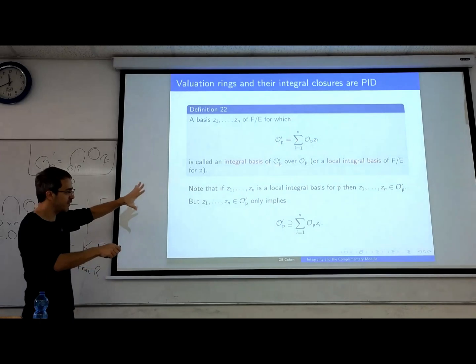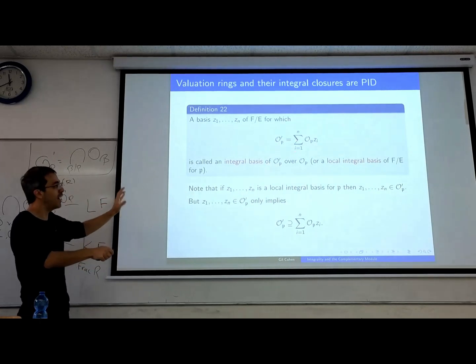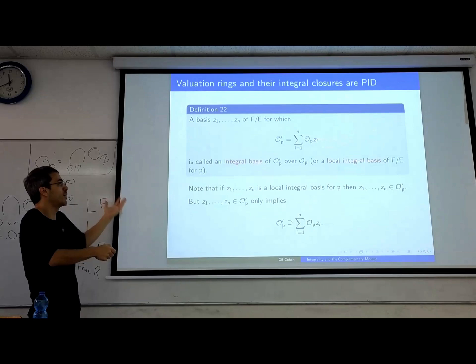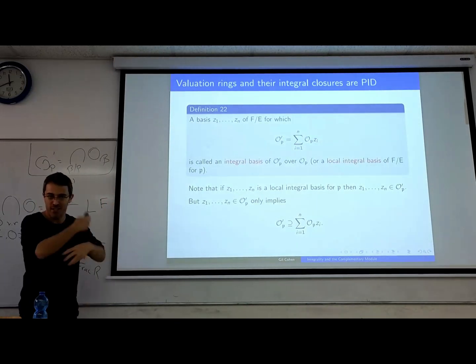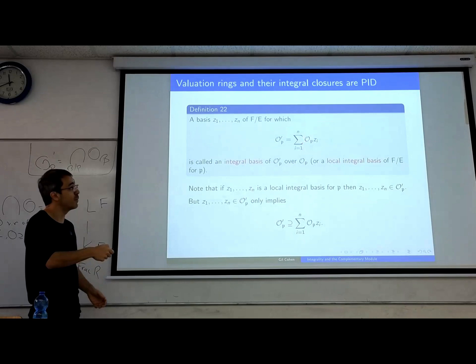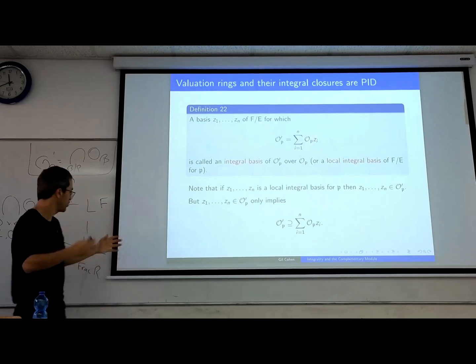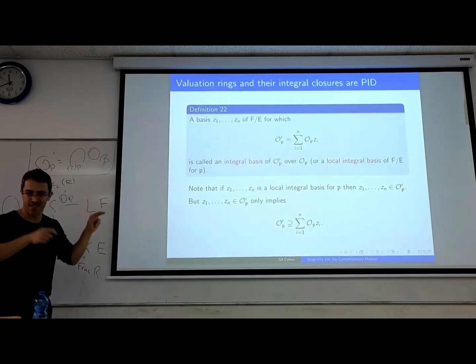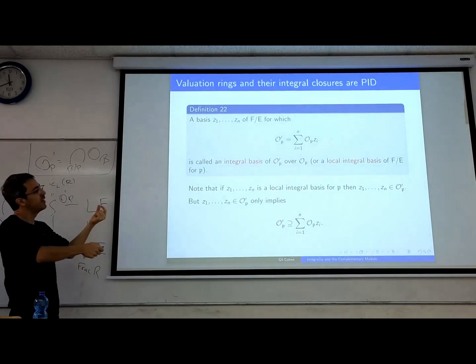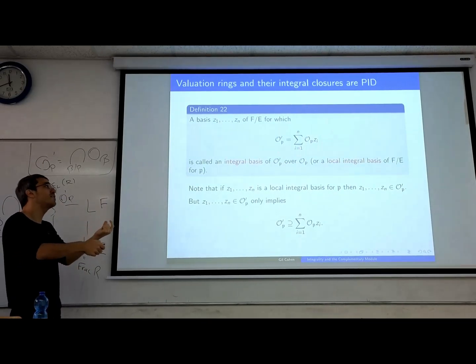But just the expression itself, like this equality, when that happens. It doesn't always happen. Sometimes the z_i were only promised to generate everything when you have scalars coming from E, the bigger thing, not just O_P. So when you look at the lattice in a sense, you don't look at the entire field, just the scalars only coming from some subring, and you generate things, you don't know what you get.